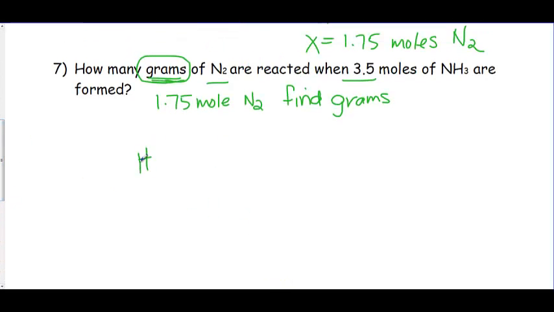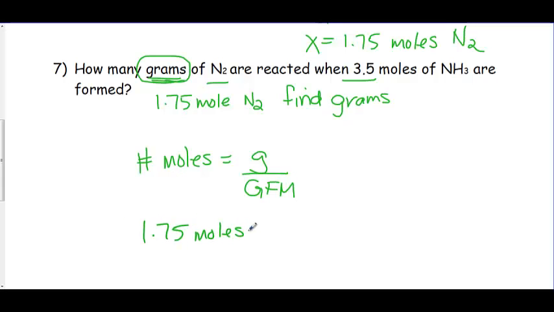All right, number of moles equals grams over GFM. So we have our number of moles, 1.75 moles, equals the grams over whatever the GFM is of N2, which is 2 times 14.0067.